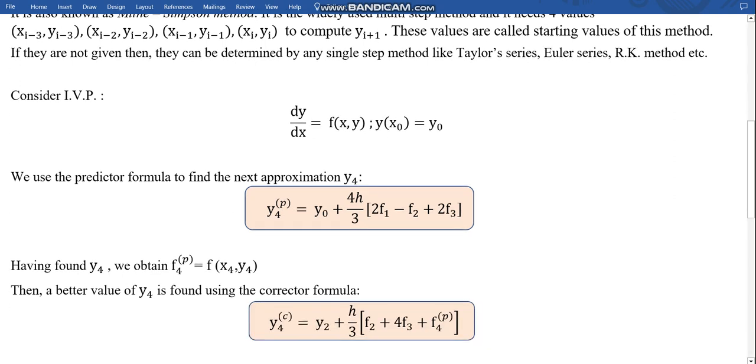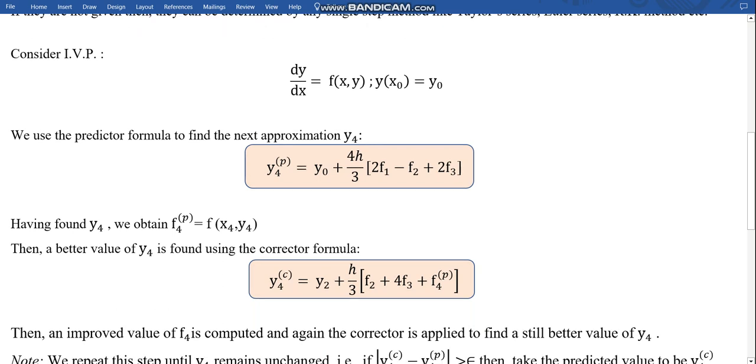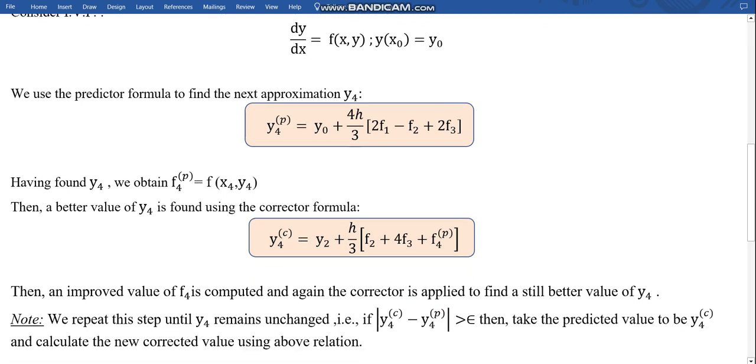So consider the IVP, dy by dx is equal to f of x, y, such that y at x naught is equal to y naught. Now the predictor formula to find the next approximation of y4 is given by this formula. We always denote the predicted value with y4 at p. So p is always in the bracket.